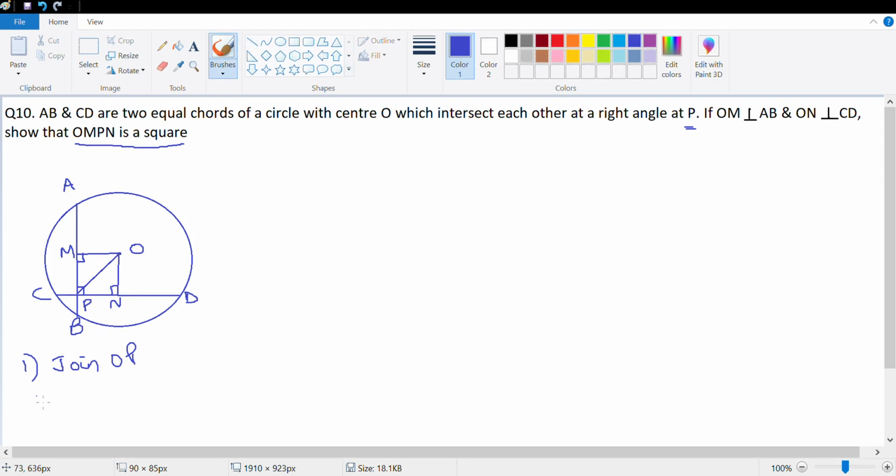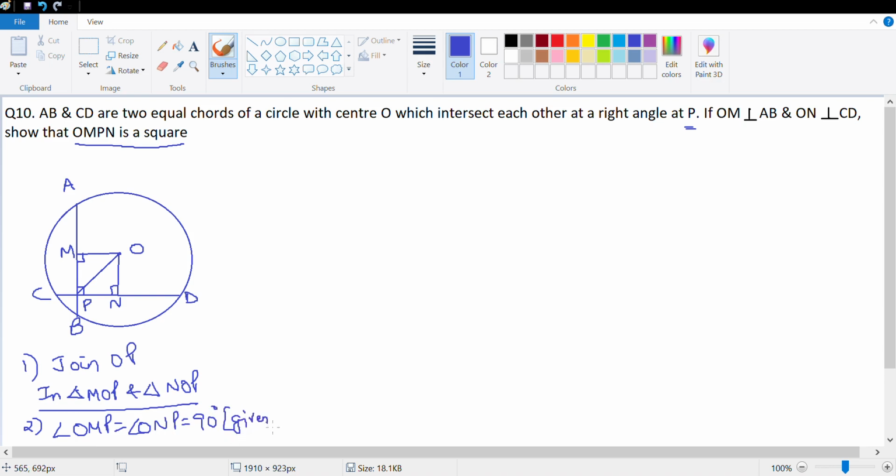What I have here is in triangle MOP and triangle NOP, number 2, what we have is angle OMP is equal to angle ONP is equal to 90 degree. This is given.